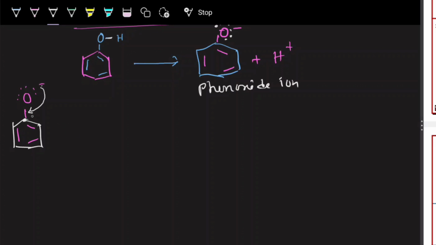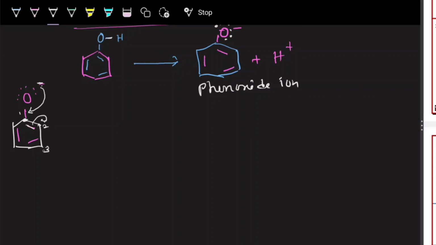Then here there will be formation of a double bond, and when this electron pair comes here, the electron pair present within the benzene ring, that is a pi electron, will come out. It should come out due to the repulsion between this electron pair which is coming in between oxygen and carbon, and the pi bond already present between these two carbons, 1 and 2. Let it be first carbon and this is second carbon.